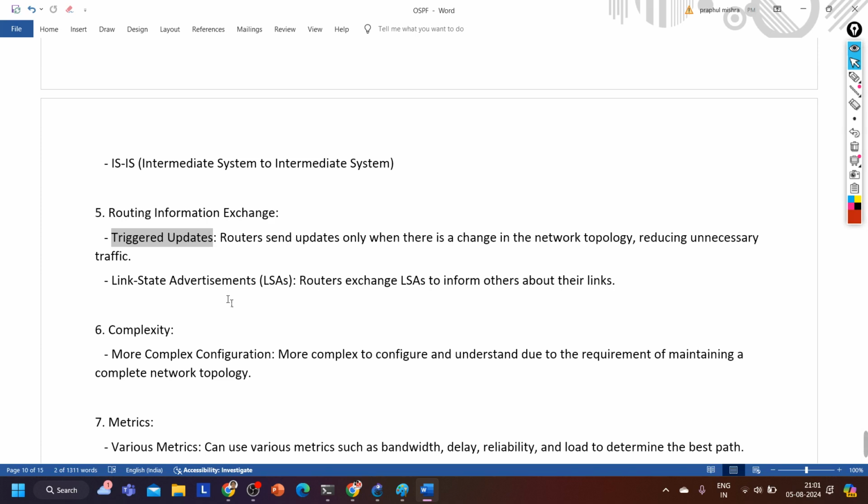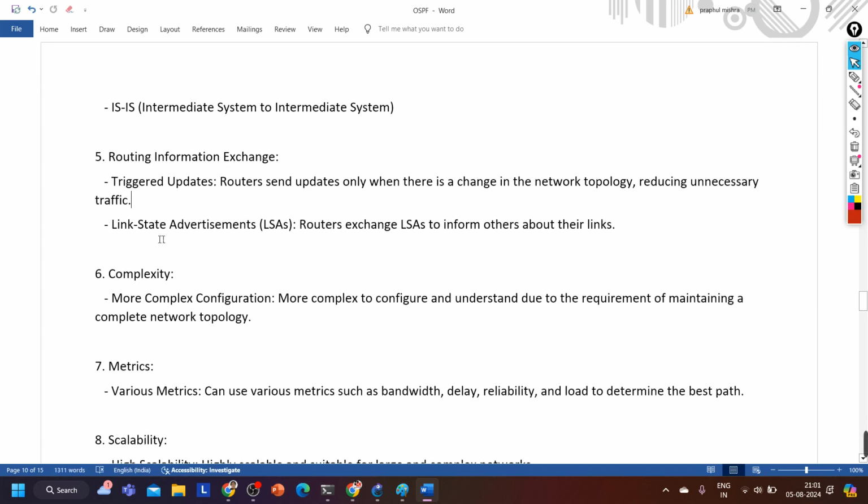And when a change occurs, it will send a partial update message, meaning only the changed information, not the entire thing. So triggered update: the router sends an update only when there is a change in the network topology, reducing unnecessary traffic, unlike distance vector routing protocols.